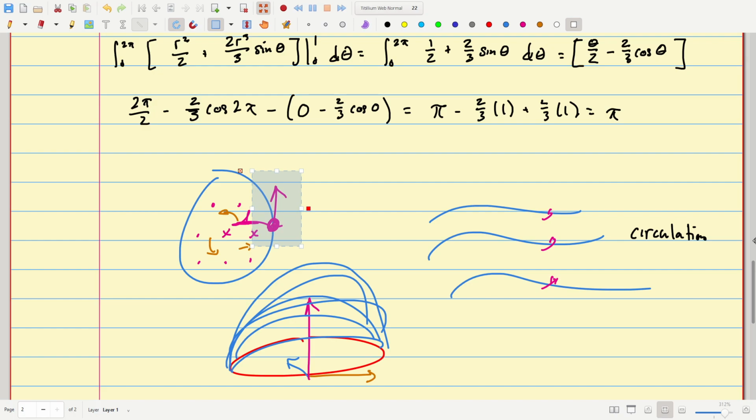What's happening is my integral measures basically how much the vector field is pushing on me as I travel along that path. That pushing takes the effect of trying to twist that vector, and as I move the vector around, I'm measuring that total amount of twisting. That twisting is what we call the circulation.